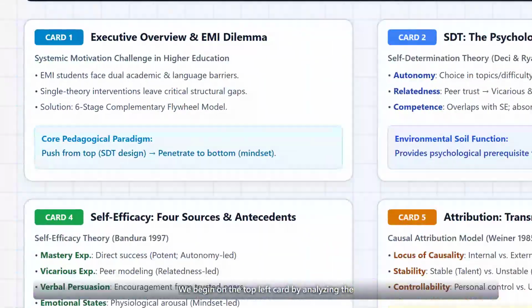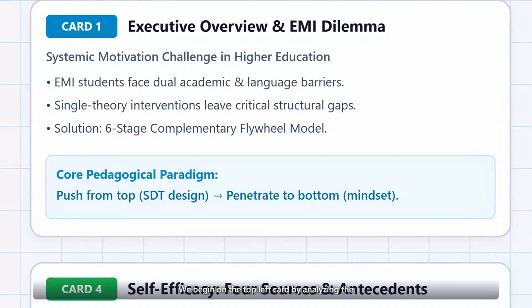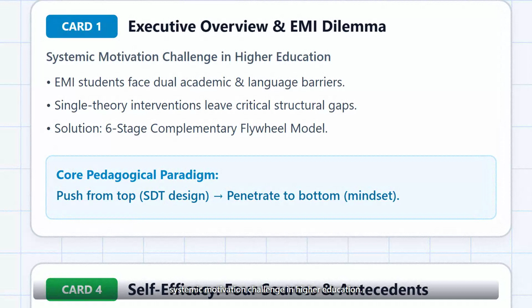We begin on the top left card by analyzing the systemic motivation challenge in higher education. EMI students face a double burden, grasping complex domain knowledge while processing instructions in a non-native language. When students encounter repeated academic setbacks without sufficient scaffolding, their self-efficacy declines, leading to passive disengagement.